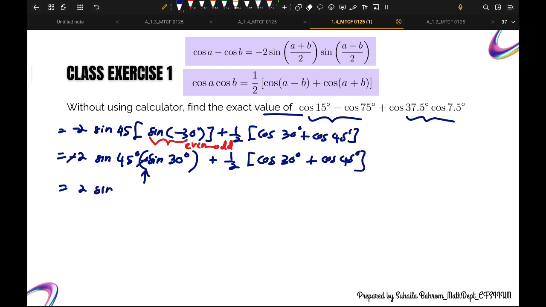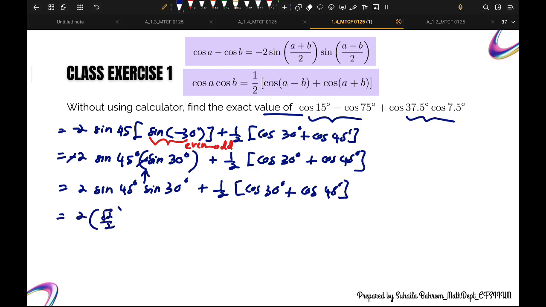So positive 2 sine 45 times sine 30 degrees plus half cos 30 degrees plus cos 45 degrees. Then we can substitute the exact values: sine 45 degrees, square root of 2 over 2; sine 30 degrees, half; cos 30 degrees, square root of 3 over 2; and cos 45 degrees, square root of 2 over 2.